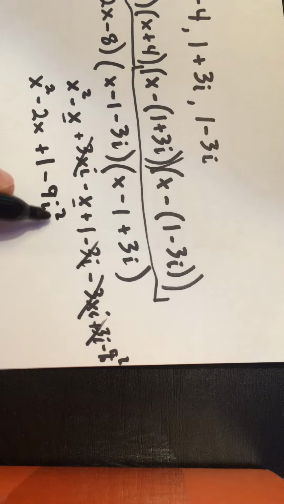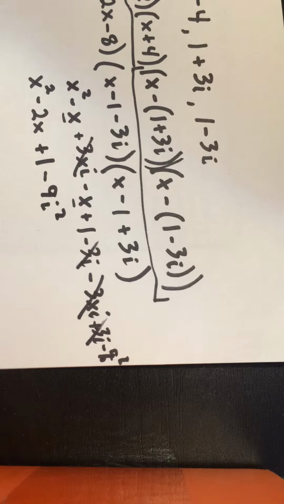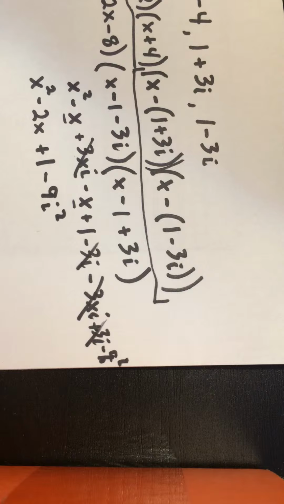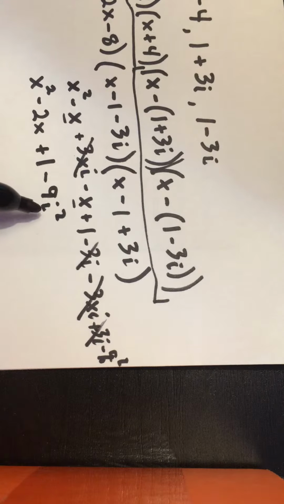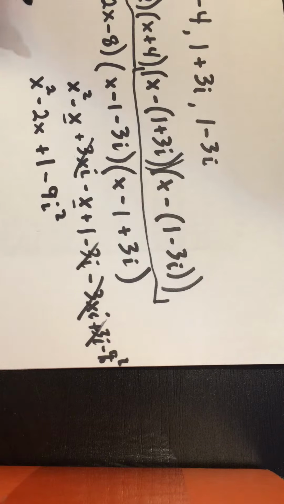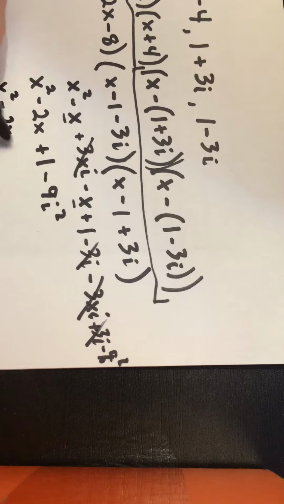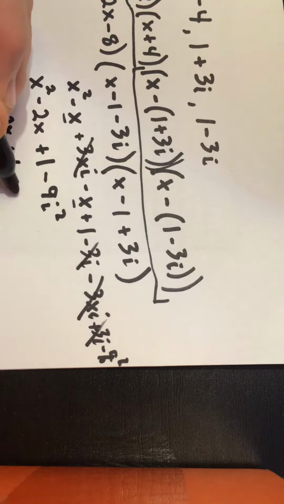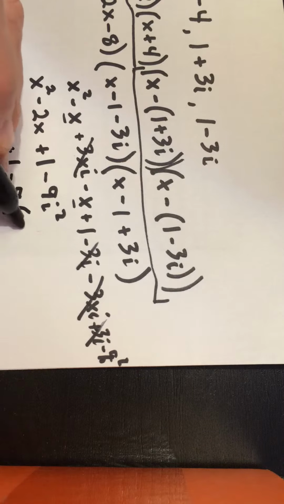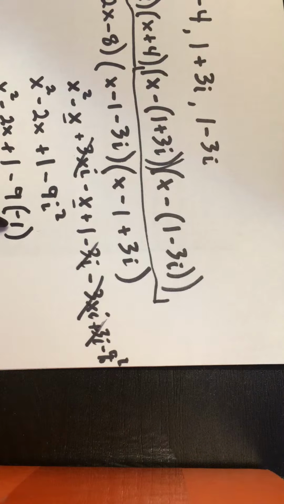Now, i squared is the square root of -1 squared. So i squared is equivalent to -1. So we get x squared minus 2x plus 1 minus 9 times -1. 9 times -1 is -9.